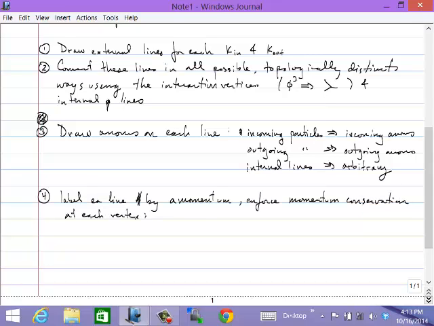So, for example, if you have an interaction vertex that looks like this, then to enforce momentum conservation, if you know two of the momenta, let's say that this first one is p and the second one is k, then this lower one has to be p minus k. Okay. The minus sign comes because you think about momentum flowing along the directions of these arrows.